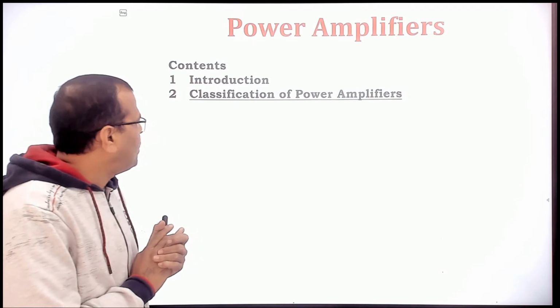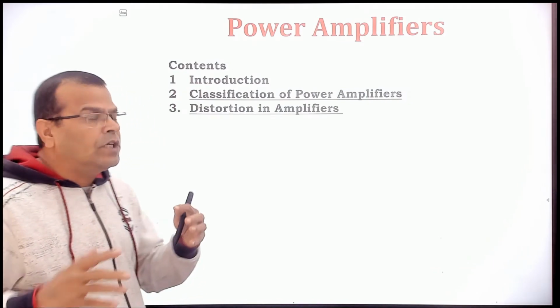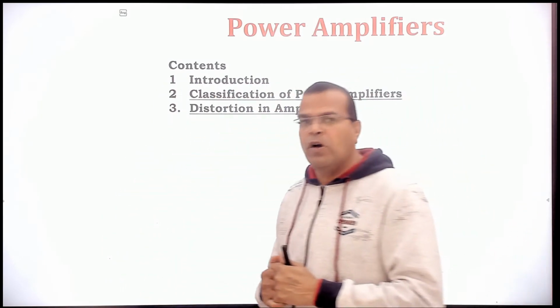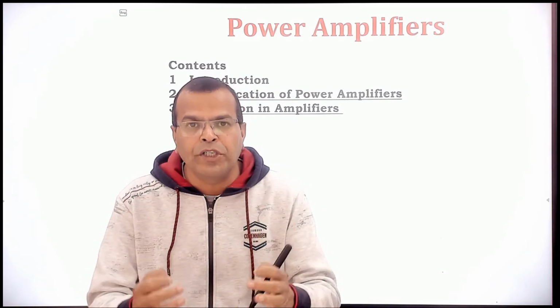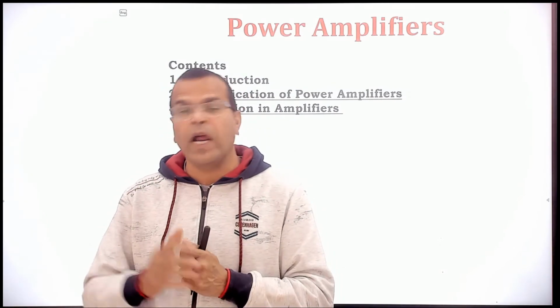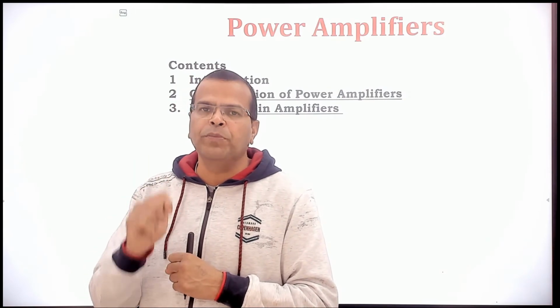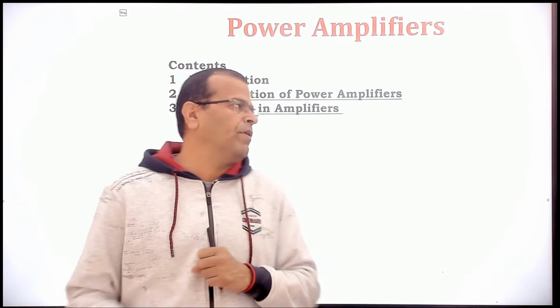That is the next topic. Then we will be talking about the distortion. Distortion is an important parameter of power amplifiers because these amplifiers introduce a distortion in the signal at the output. So distortion is one of the important topics for the chapter on power amplifiers.